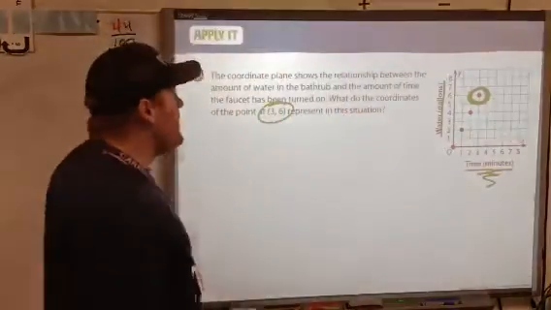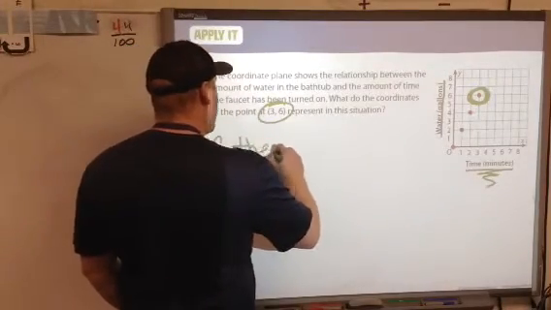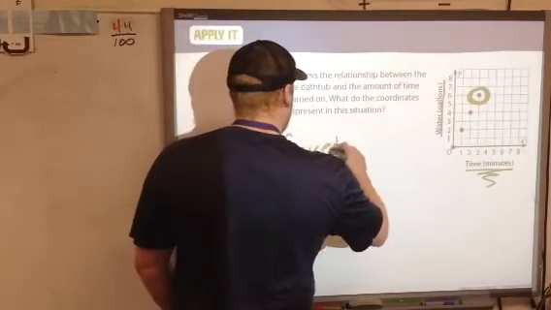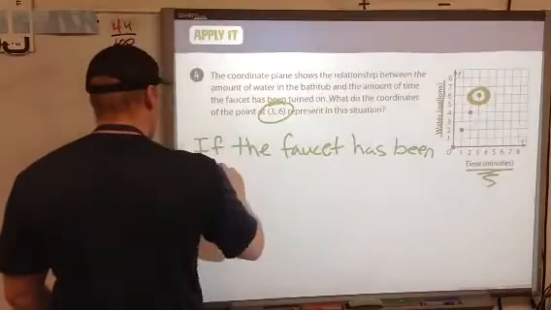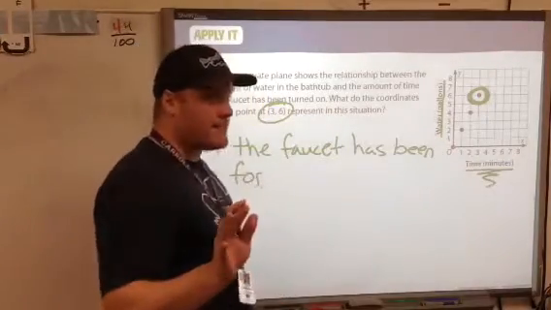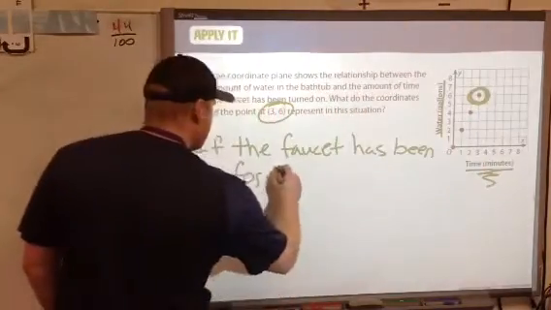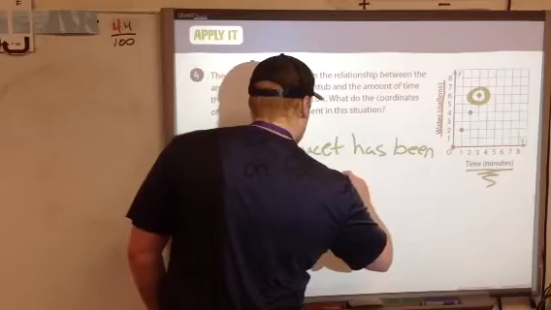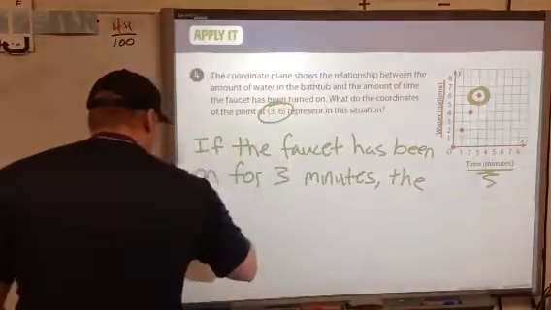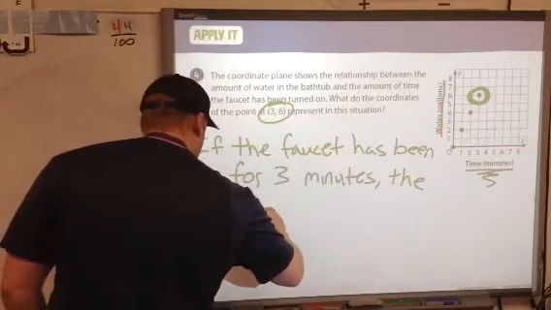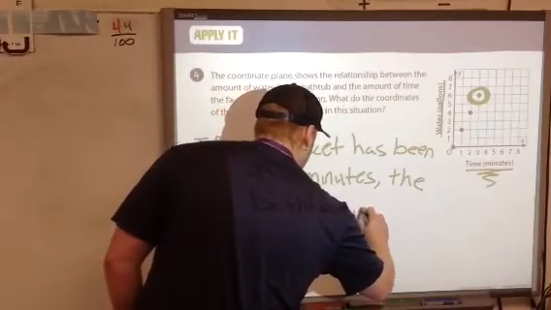Well, it means that if the faucet has been on for, remember, x-axis is minutes on, for 3 minutes, the bathtub will have how many gallons?